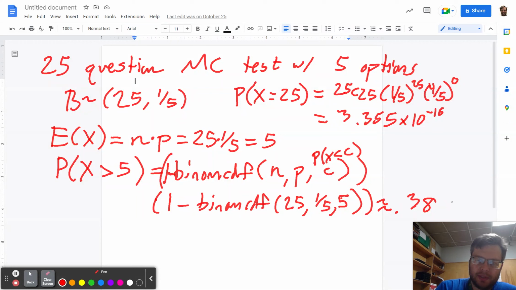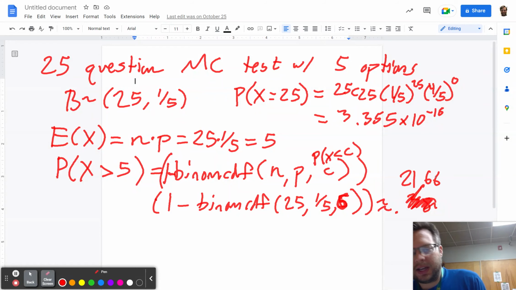Oops, I see I just made a mistake, this should have been 6 right here because of how it says X is less than 6. So let me fix that. Apologies about that. It changes our probability down to 21.66%. So anyway, the idea there is that the binomial CDF will count up from no successes up to the C value you ask about, and tell you the probability of that happening.